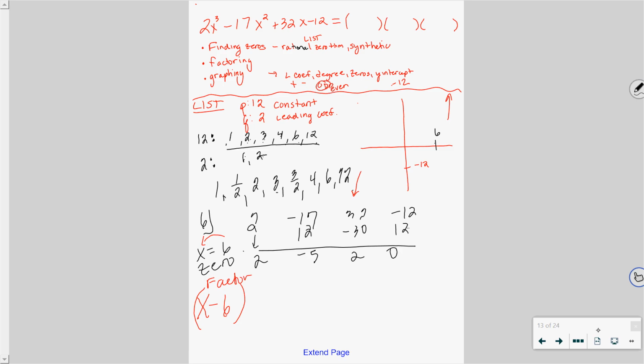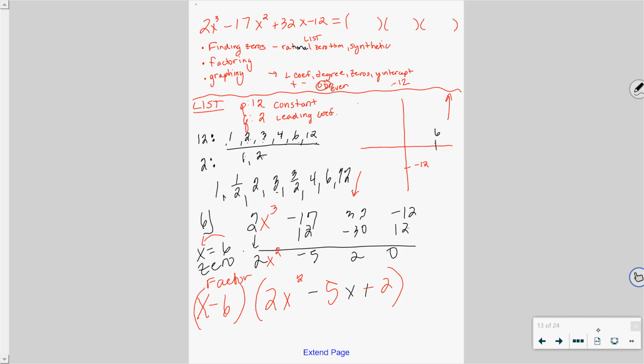Then if this is an x cubed, this is going to be an x squared. And I can write my quotient, x squared minus 5x plus 2. Are we good so far?